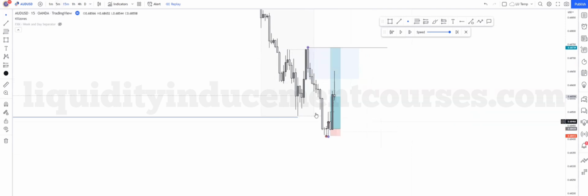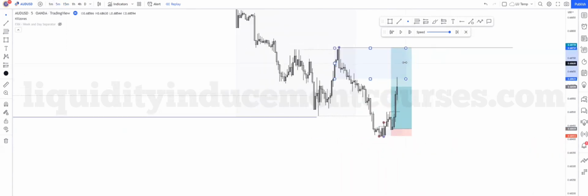Now, remember, we're in a 4-hour POI, so we're still anticipating longs, right? A bullish day, pretty much. Now, this is something you have to understand. These untested QMs are going to be the reason price creates that pullback.